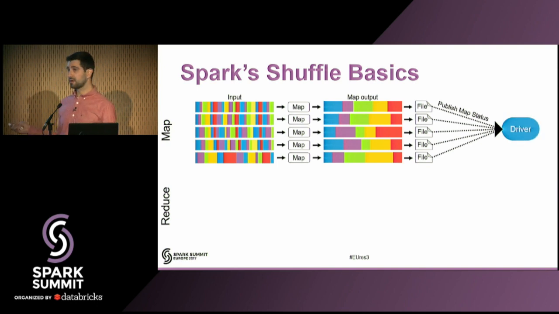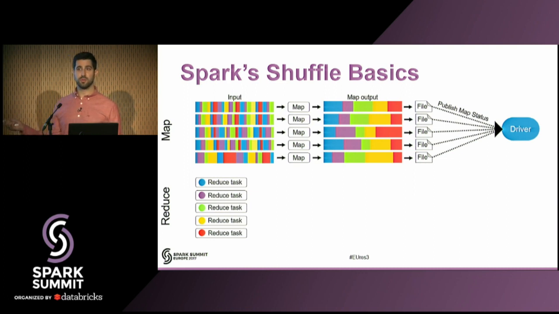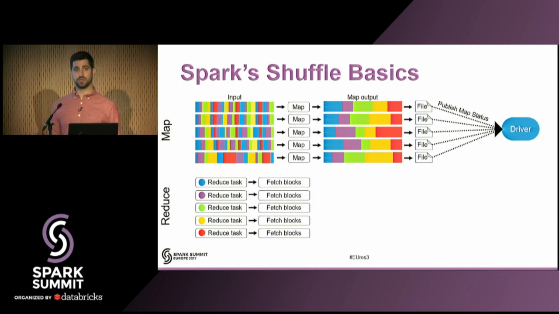And the map statuses, which basically represent the chunks of data in terms of what partition is where and the size of each partition, are then communicated to the driver, which aggregates all this information. Now, the driver will then feed this information into the reducers, which now represent the actual partitions that we did all the work for in the mapping. So if we consider the blue partition, then this partition will now fetch all of the relevant blocks for the blue partition.